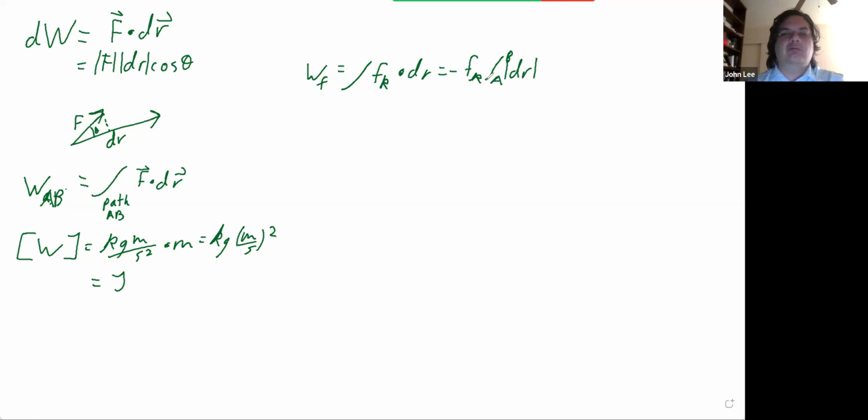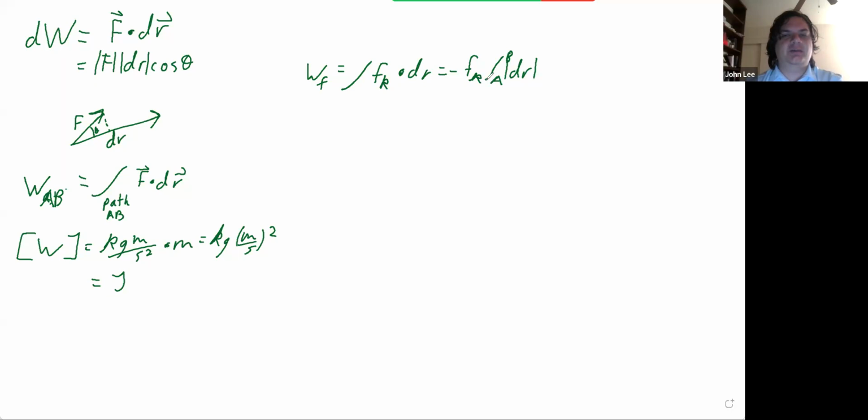So no matter what path you take, if you take a straight line, if you take a curvy line, if you go in a circle, friction is going to do work which is just going to keep track of the path that you're taking, because it's always in the opposite direction of the path.